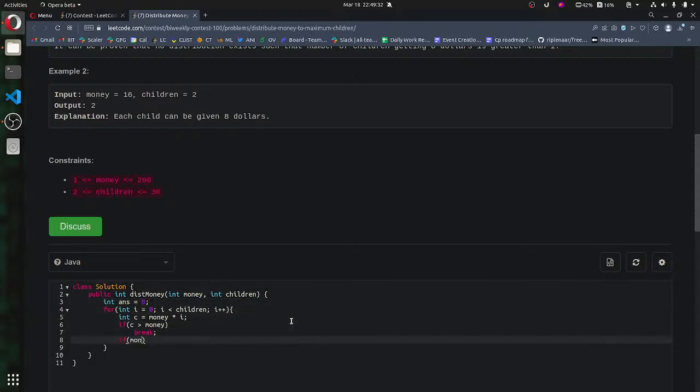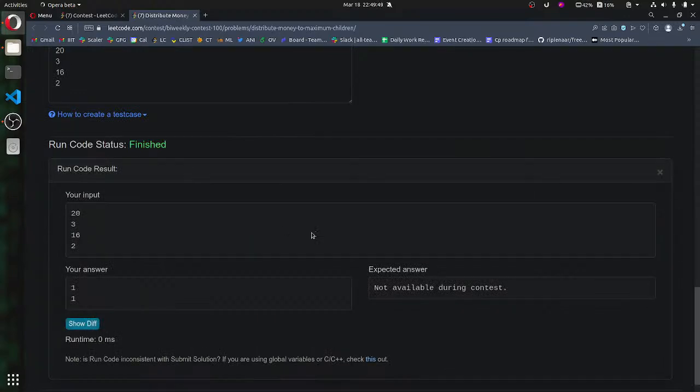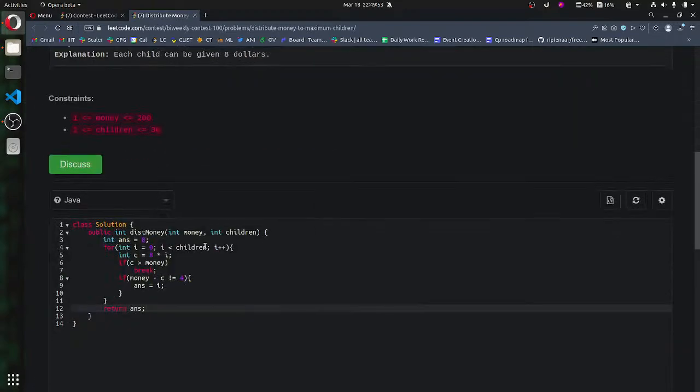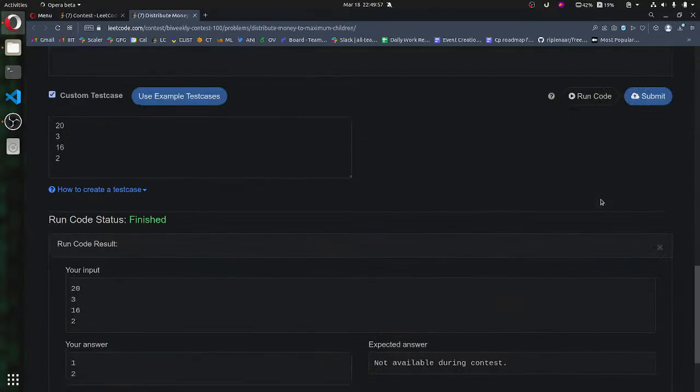If money minus C is 8 into I, if money minus C isn't equal to 4, answer equal to I, and we can simply return answer. If this is so, 1 1, we should return 1 2. This should be okay. Now we have returned 1 2.